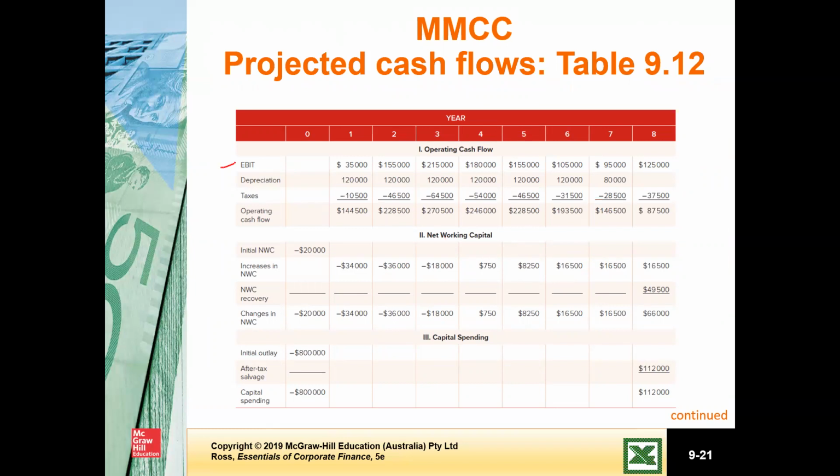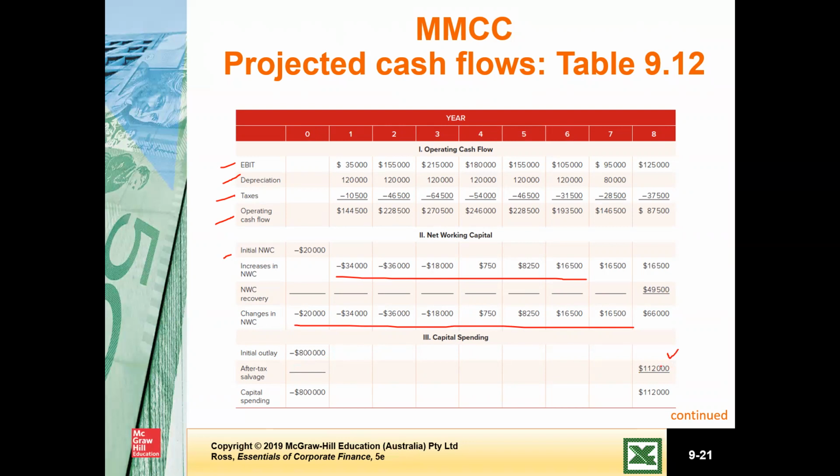So this is your EBIT, deduct depreciation, we already know all these numbers. Then we have taxes, we have operating cash flow. The net working capital is the initial working capital investment, and these are the cash flow implications that we have seen just in the previous slide. Then this is our initial investment, and after-tax salvage value.